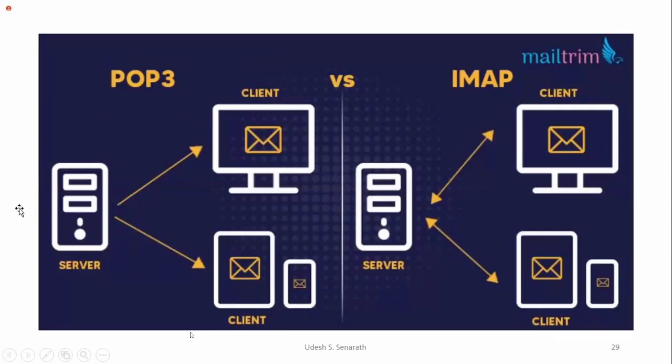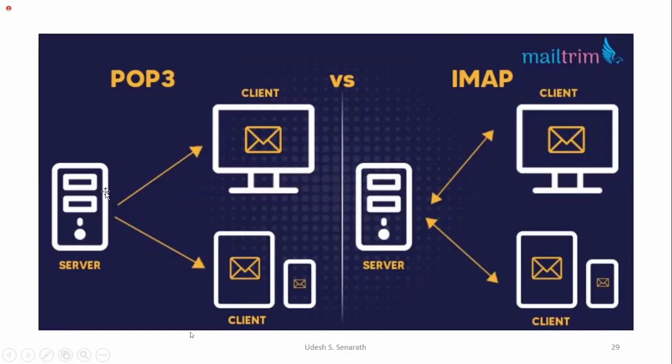POP3 is like this. You have your server here. Now you all know a server is located in a separate location, and you are accessing those servers using the network and internet connection.